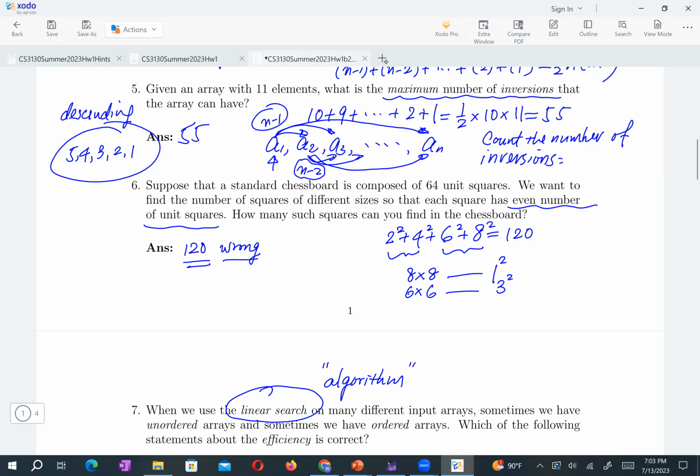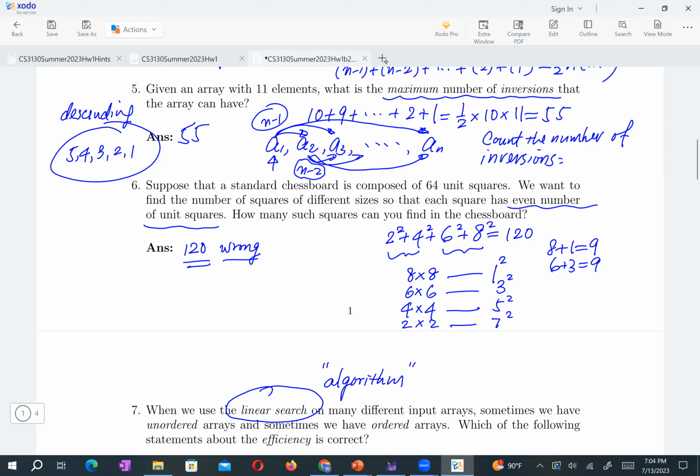Remember invariant. 8 plus 1 equals 9, invariant. 6 plus 3 also equals 9, invariant. 4 times 4, 5 square, invariant. 2 times 2, 7 square.